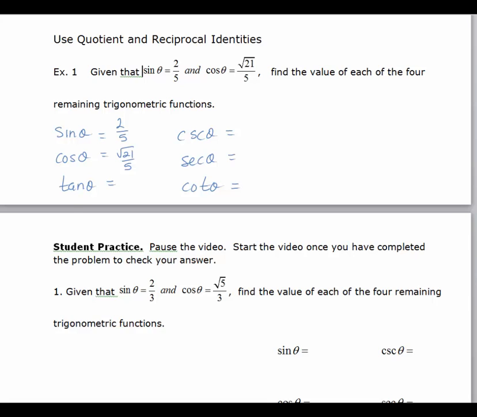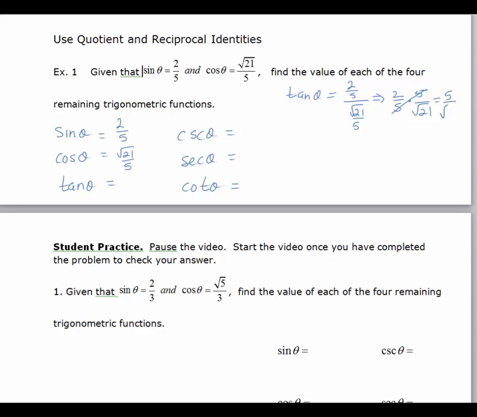So the quotient identity says that the tangent of theta equals the sine over cosine. So tangent of theta is equal to the sine, which is 2/5, divided by the cosine, which is the square root of 21 over 5. And so if I just take 2/5 and multiply it by 5 over the square root of 21, the 5's cancel.